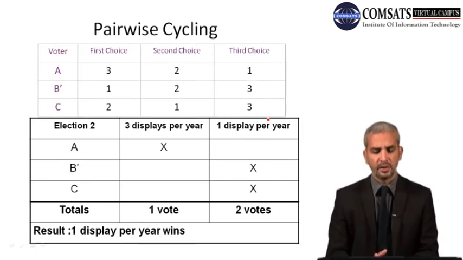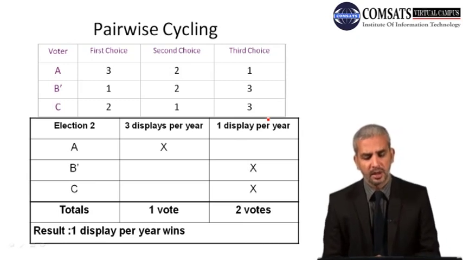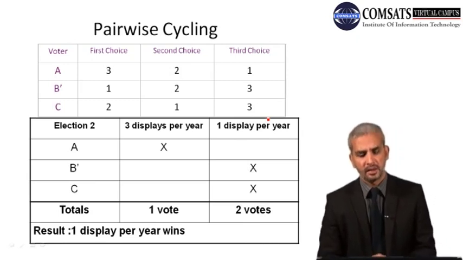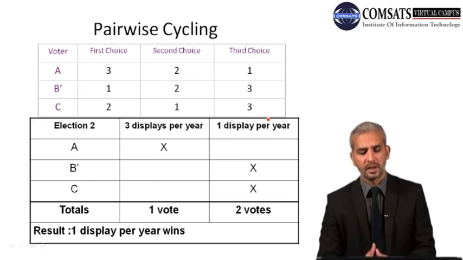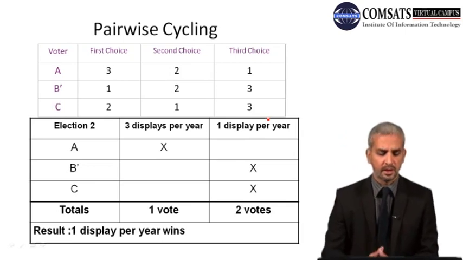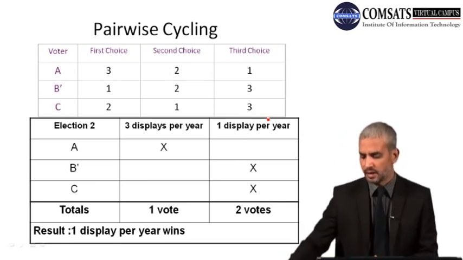In this case, individual A would choose three displays per year, while individual B, the new individual B whose preferences are now single peaked, and individual C would choose one display per year, because it is the first choice for individual B and the second choice for individual C. So in the end, one display per year wins, and the result is one display per year.